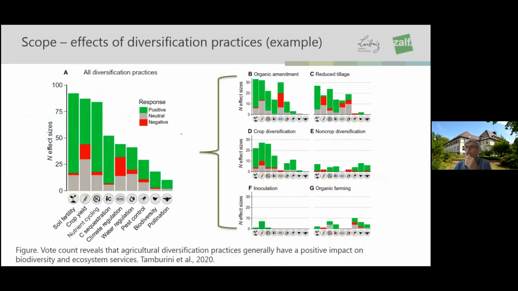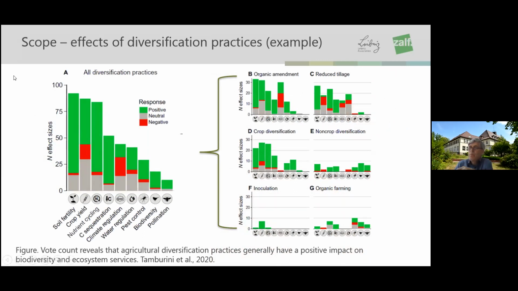There is a range of practices, and that's important for us because we talk about management, we talk about intervention. There's a range of practices that you can consider when you talk about diversification measures. And some of them are listed here. I'm not going into the detail.